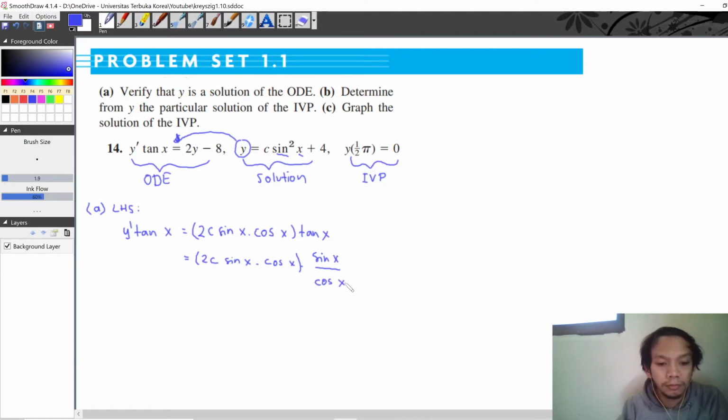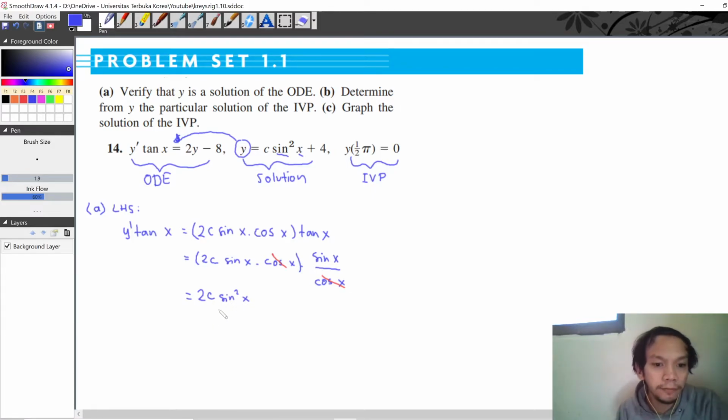So here we have this part cancel each other. Yeah, they are the same. And so we will have 2c, and sine x multiplied by sine x is sine squared x.